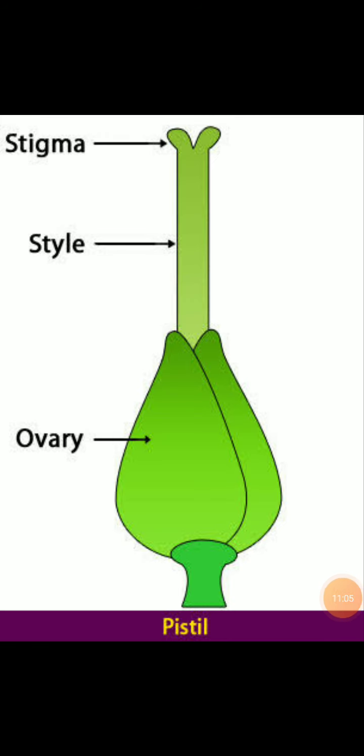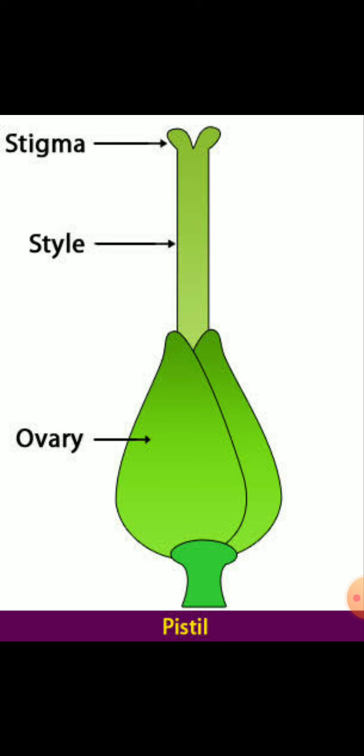The pollen grains from the stamen will reach the stigma of a pistil, and this transfer is known as self-pollination when it is in the same flower. Okay, so let me tell you the perfect definition. If the transfer of pollen to stigma occurs in the same flower, then it is known as self pollination. What will then be cross pollination?